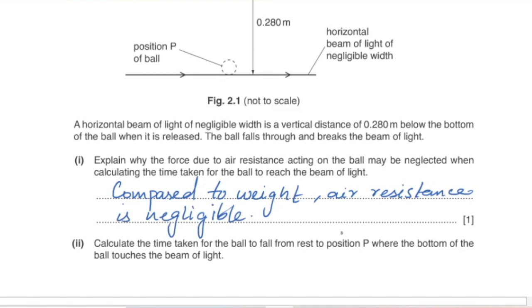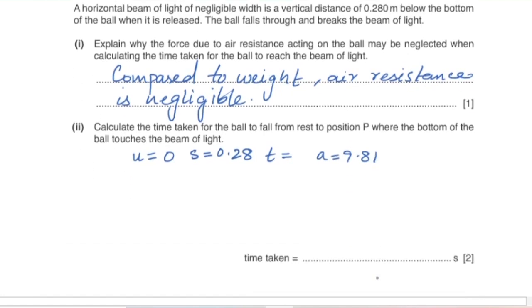Calculate the time taken for the ball to fall from rest to position P, where the bottom of the ball touches the beam of light. So initially it was at rest, and the distance it is covering to reach position P is 0.28 meters. We have to find the time interval in which the ball reaches position P, and the acceleration is 9.81 since we are neglecting air resistance.